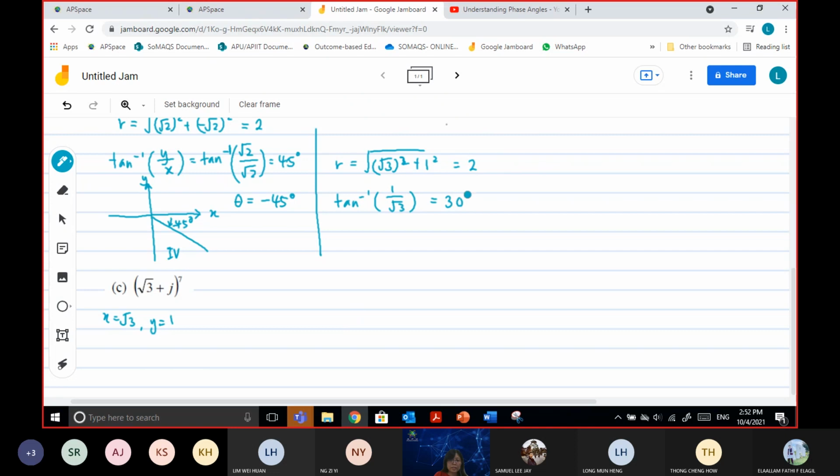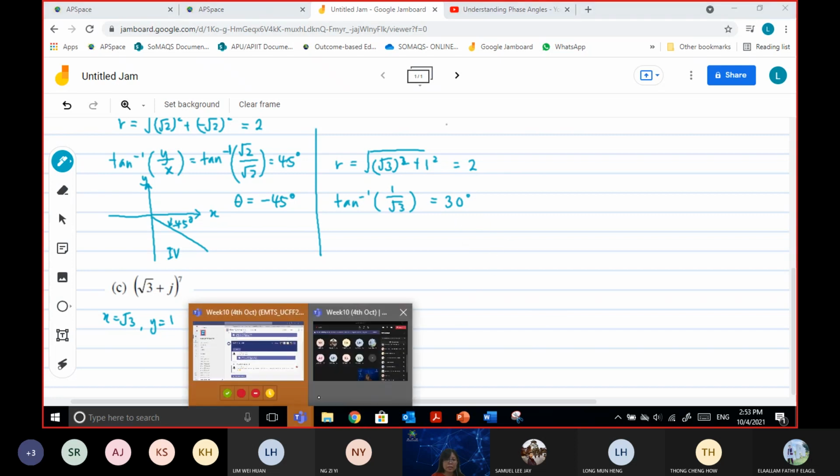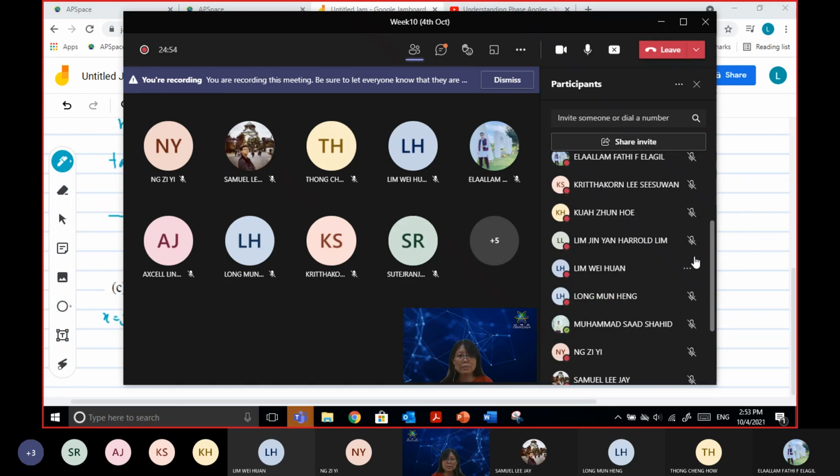Now the arctangent of 1 over the square root of 3 gives you 30 degrees. Now, which quadrant?